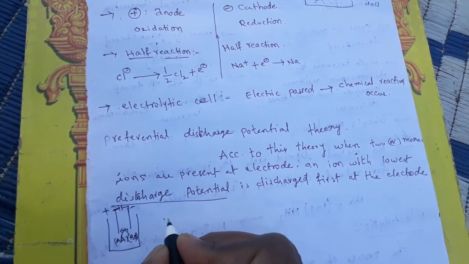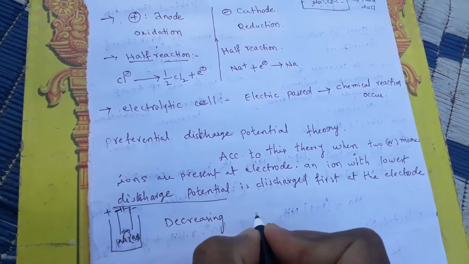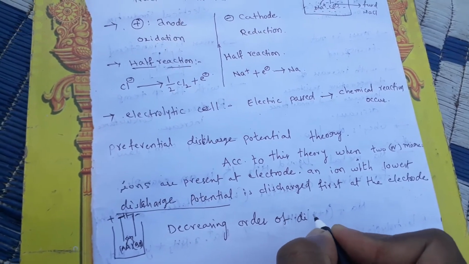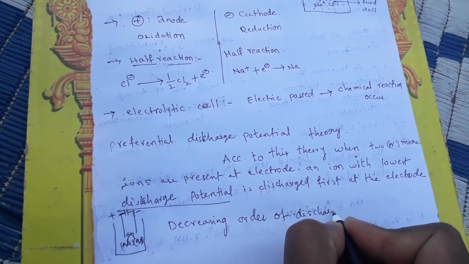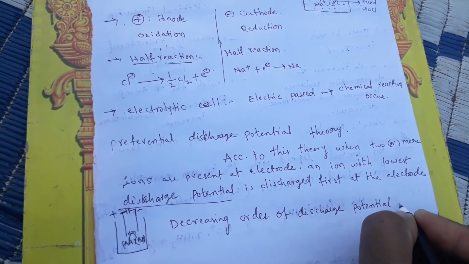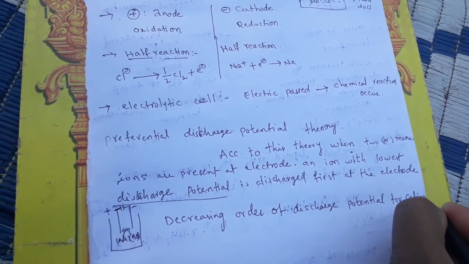First, the decreasing order of discharge potential for cations.